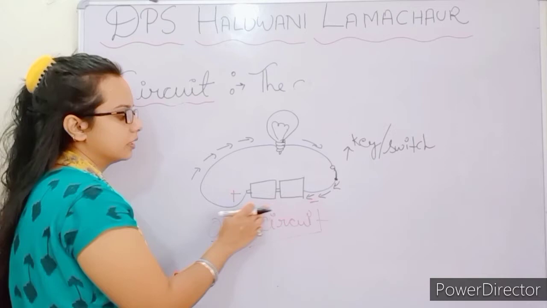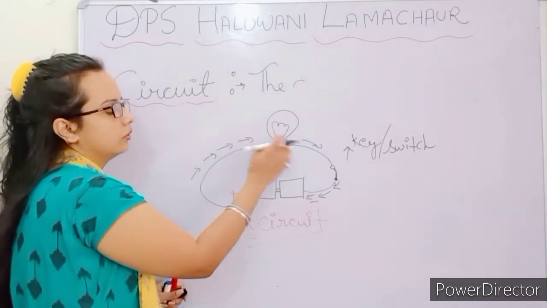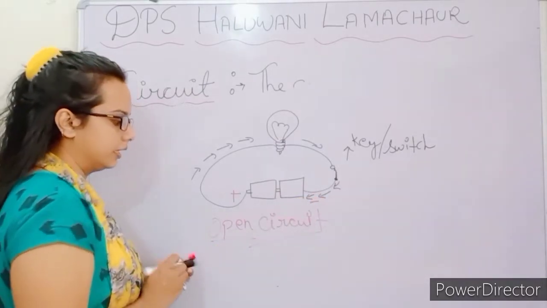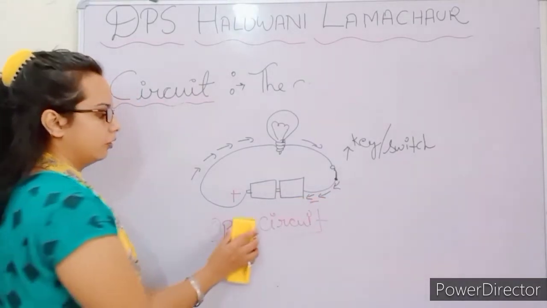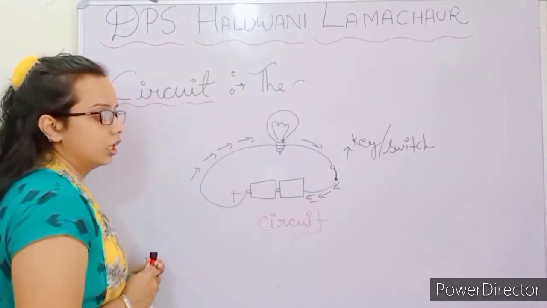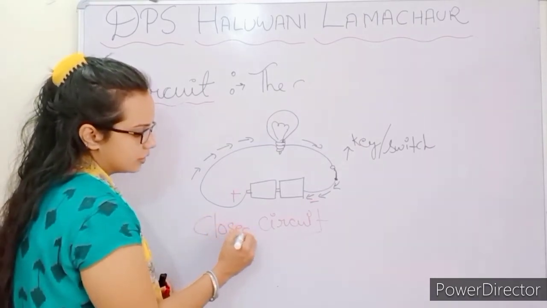In a complete circuit, the current starts flowing. From one terminal it comes out and goes to the other terminal, the negative one, and hence this type of circuit is known as a closed circuit.